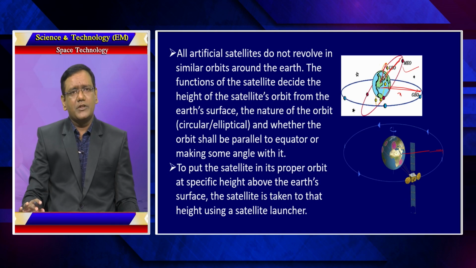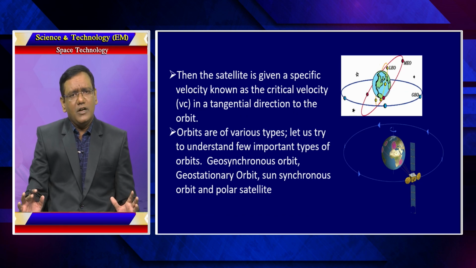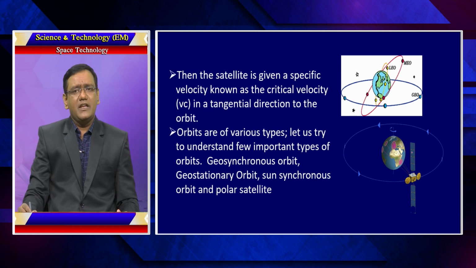Now let us look at how a satellite is given motion. We all know that the satellite has to move around the Earth or any other object. If it wants to move around the Earth, then the satellite should be given a specific velocity, known as the critical velocity, in a tangential direction to the orbit.